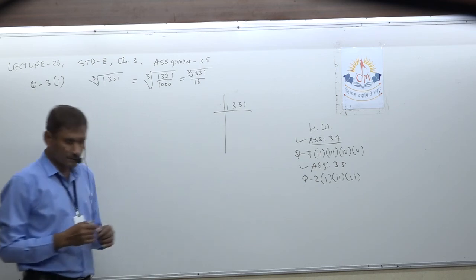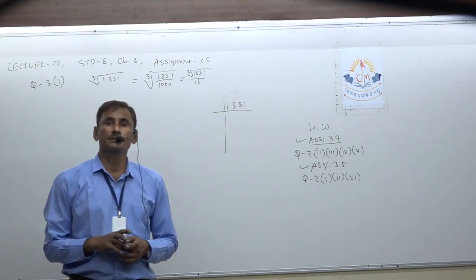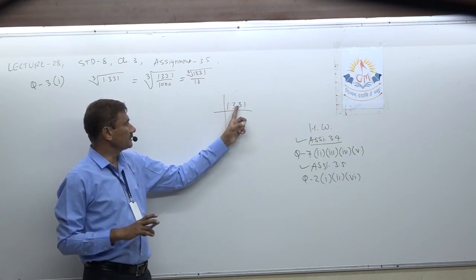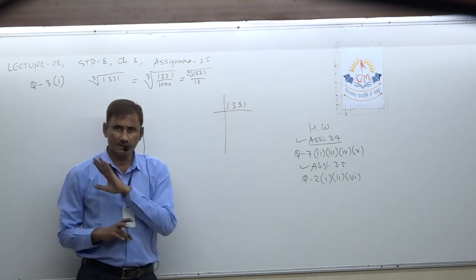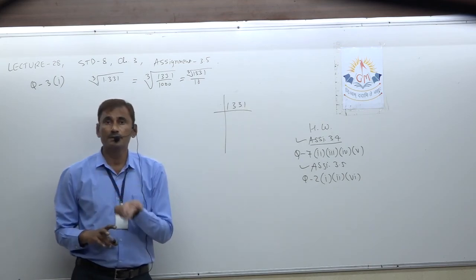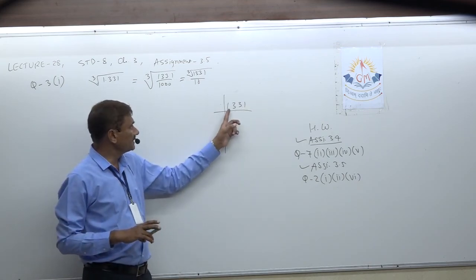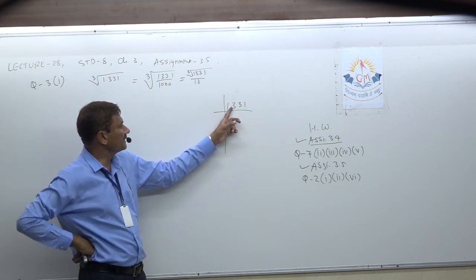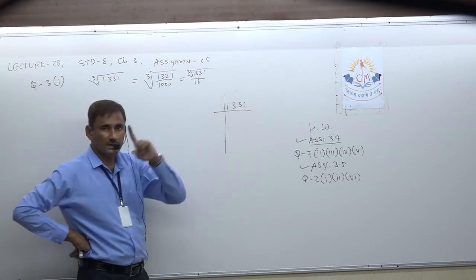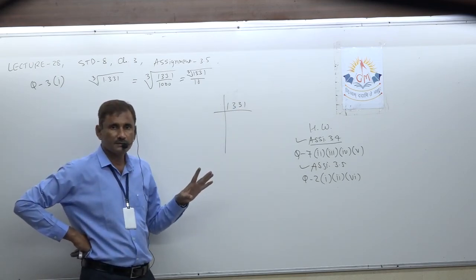Okay, first of all it is odd, so not divisible by 2. 1 plus 3 is 4, plus 3 is 7, plus 1 is 8. The sum is 8, so not divisible by 3. The last digit is 1, so not divisible by 0 or 5. By 7, if you try, 7 1s are 7, then 6 left, 63, 7 9s are 63, 1 left, no, not by 7.